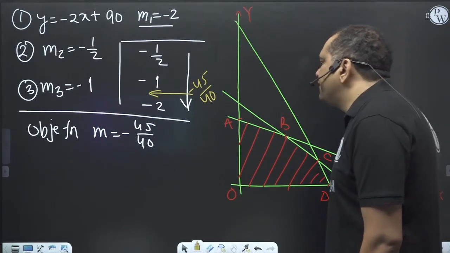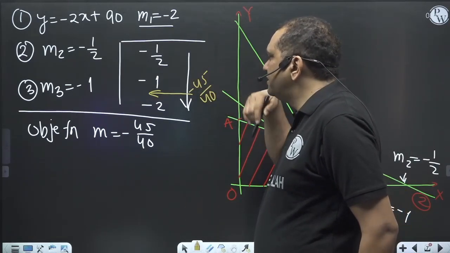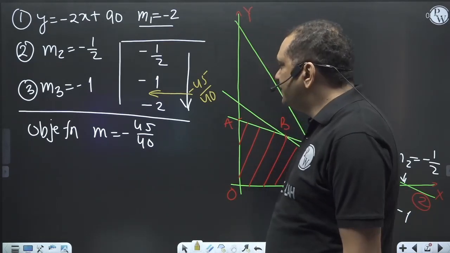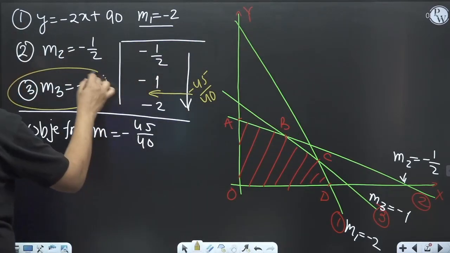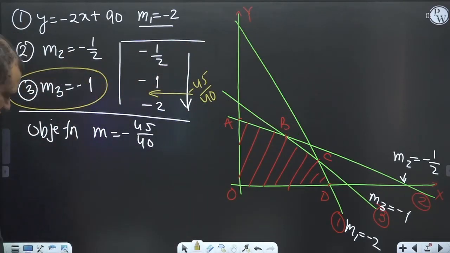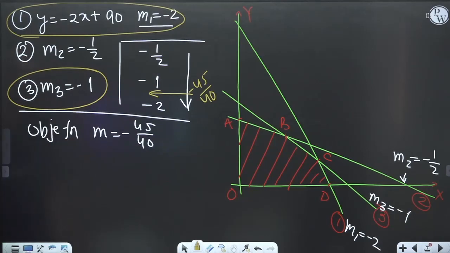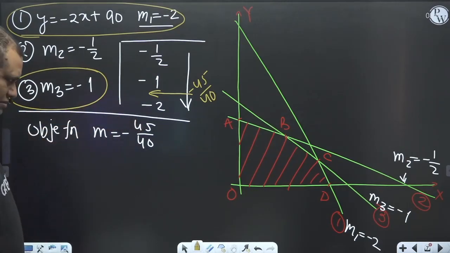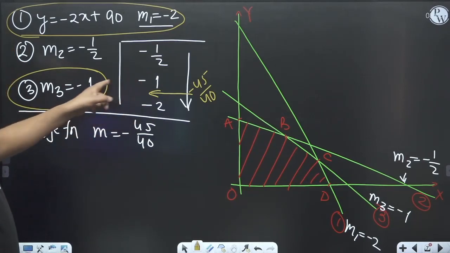So the objective function slope is lying between -1 and -2. -1 is the slope of constraint 3 and -2 is the slope of constraint 1.